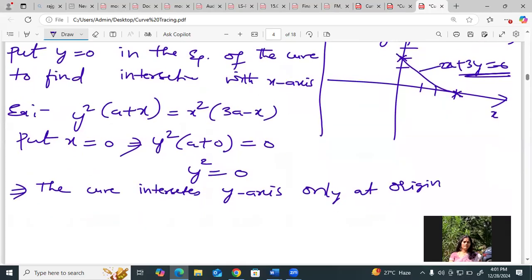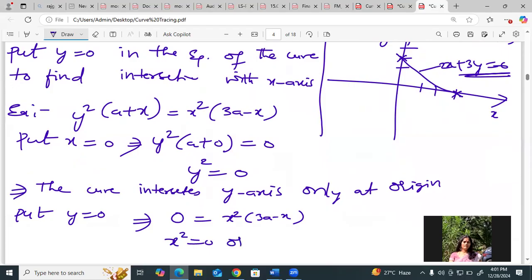Next, to find the intersection with the x-axis, put y is equal to 0. The LHS would be 0, the RHS would be x square into (3a minus x). So I'll have x square is equal to 0 or 3a minus x is equal to 0.